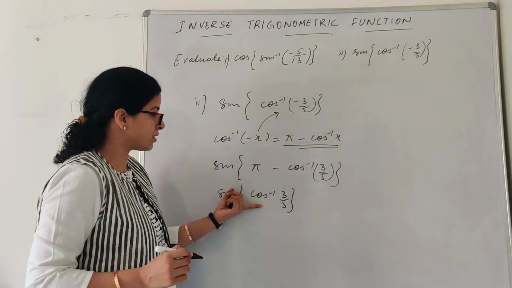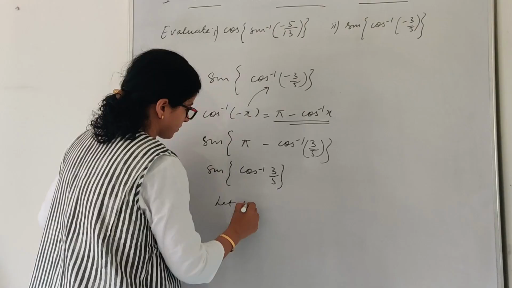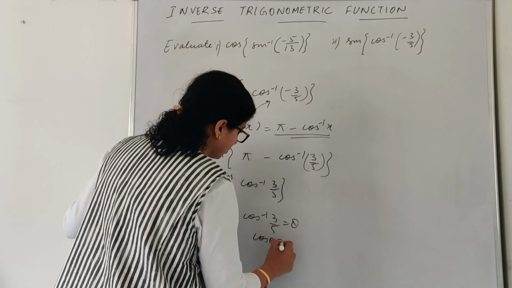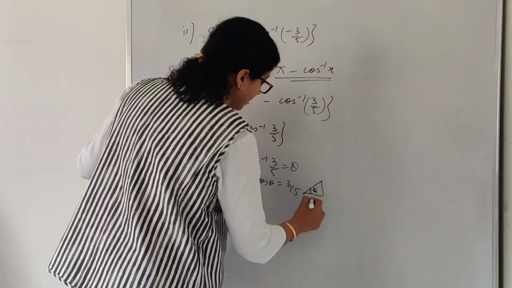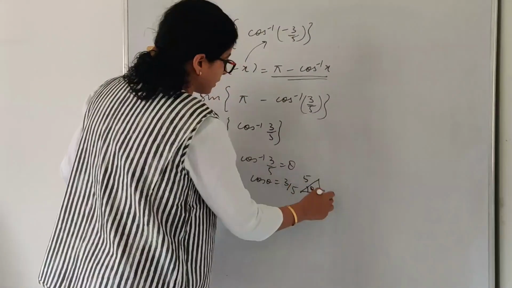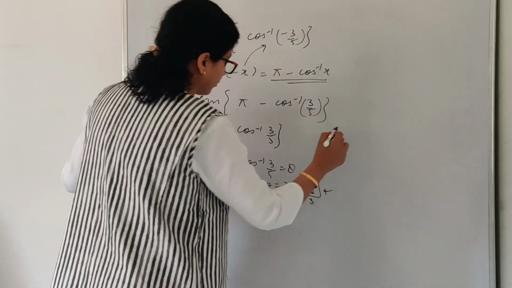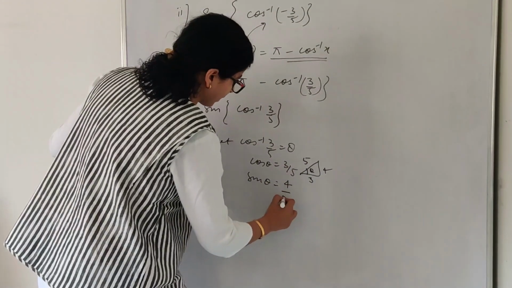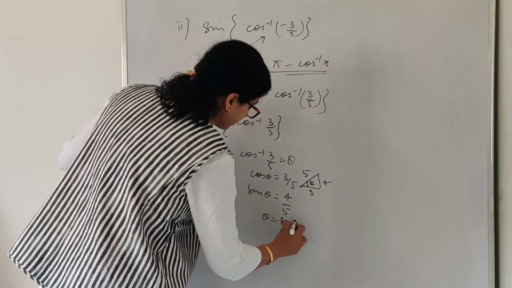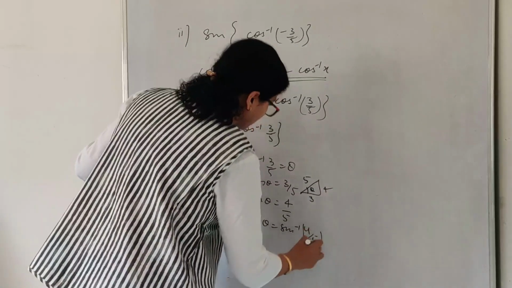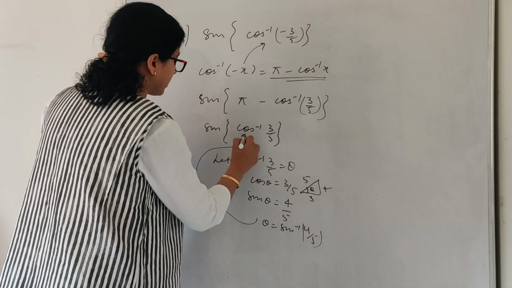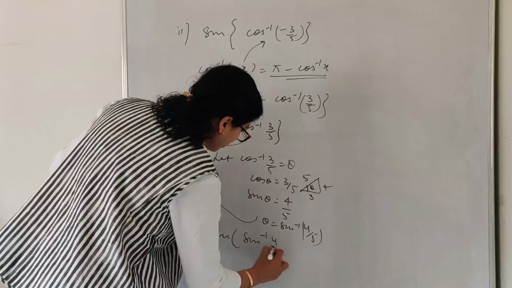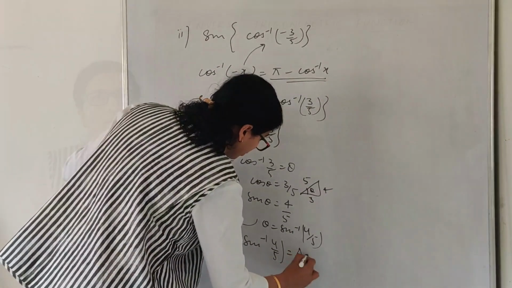Again I have to change this cos inverse into sin inverse. Cos inverse 3/5 is equal to theta. Cos theta is equal to 3/5. So this is my theta. This is 3, this is 5. Using the Pythagorean triplet, this will become 4. So what will be my sin theta? Sin theta will be 4/5. Theta is equal to sin inverse 4/5. Now I can substitute this value over here. So sin of sin inverse 4/5 is equal to 4/5.